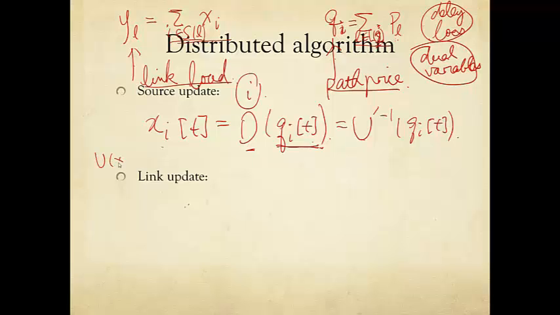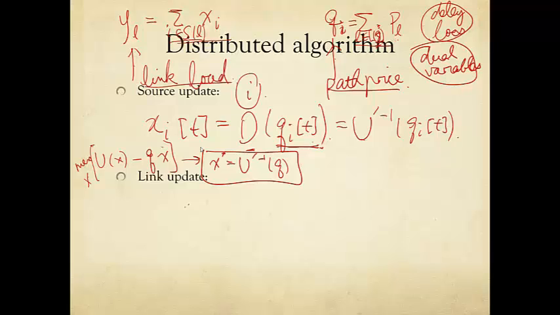Look at my utility minus the price I have to pay, which is the path price for the path I'm traversing, times the volume, which is X. You maximize this over X. Then you will see that X as a function of price is U prime inverse, and that is the demand function, exactly as what we saw back in lecture 11. So this is done at each time slot t at each source I.